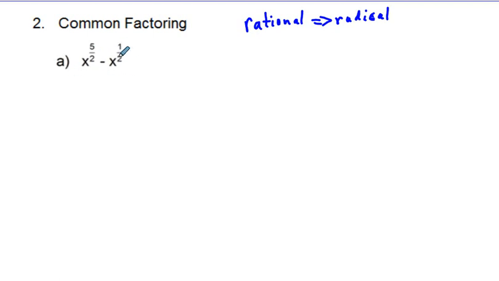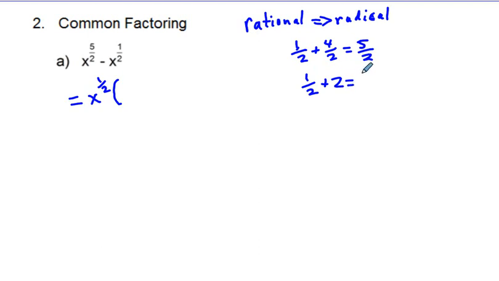So our common factor between these two is going to be x to the 1/2 power. So x to the 1/2 power times x to what power equals 5/2? Well, 1/2 plus 4/2 equals 5/2, or we could rather say 1/2 plus 2 equals 5/2.